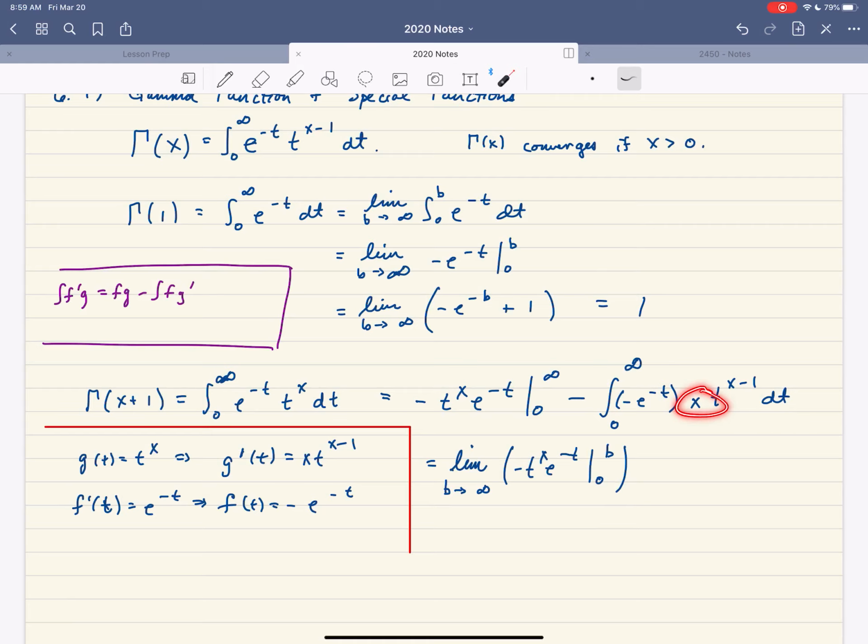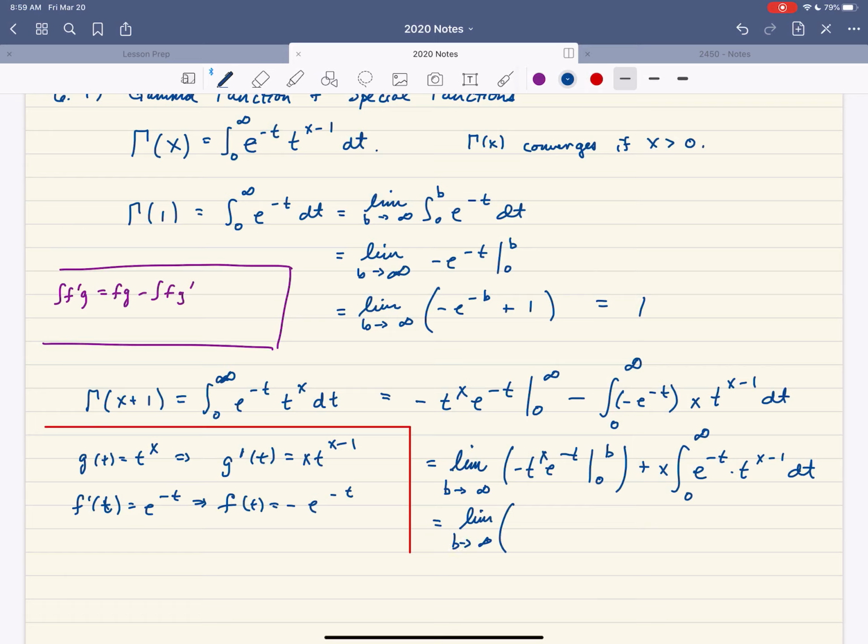That means that x is a constant, and therefore this x can be brought out. The negatives are going to make a positive, and if I do both of those changes, I end up with plus x times the integral from 0 to infinity, e to the negative t times t to the x minus 1 dt.